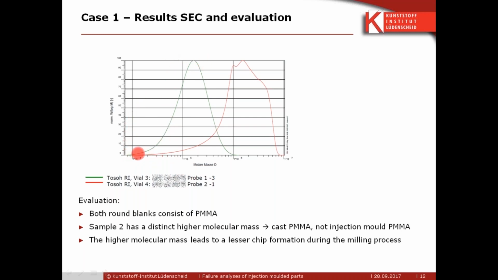So you always have a distribution of the molecular weight, and that's what you can see here. This is the intensity, which gives you information on how many of these molecules were detected at this single molecular mass.